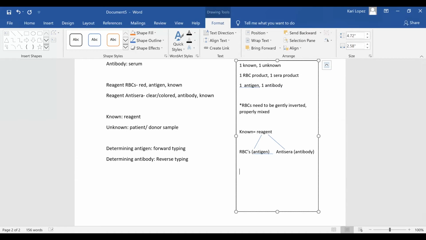And another nice little chart is, we started there with known, so we're going to start with unknown, which is going to be your patient or donor sample. Because you'll see this abbreviation a lot, so know that the PT is patient or donor sample.